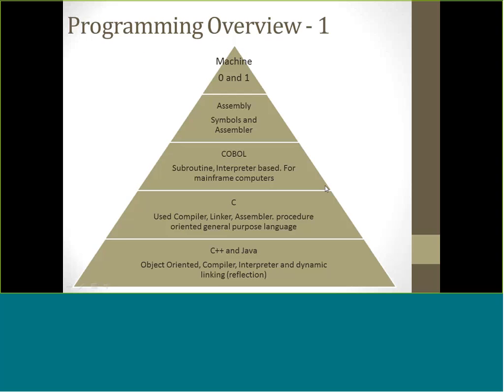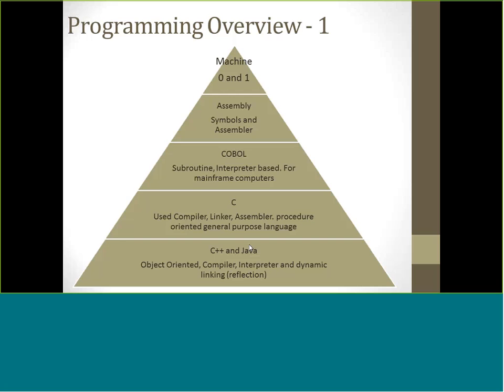So after C, we had C++, which is a superset of C. It has all the features of C. On top of that, it has object orientation. Now I'll talk about the object orientation and the procedure oriented language, and Java is just following the footprints of C and C++.